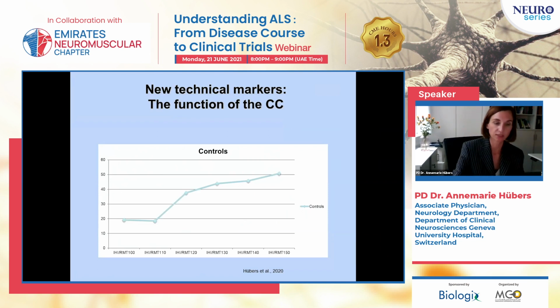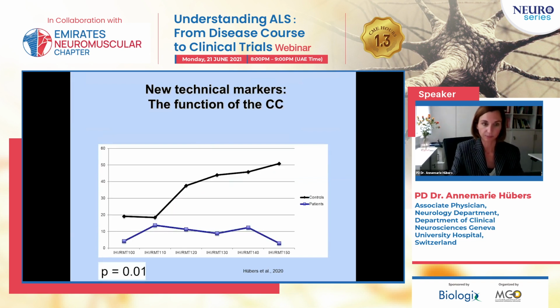And here you can see this is a curve of normal controls. If you increase the intensity of the stimulation, the inhibition of the interneurons increases as well until it gets to a kind of platform, a steady state.